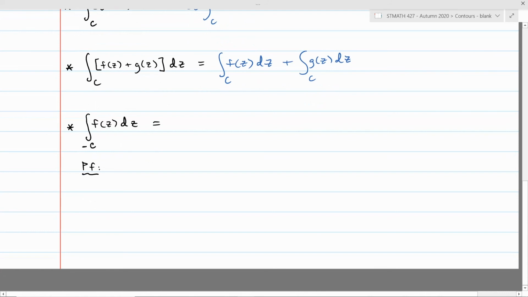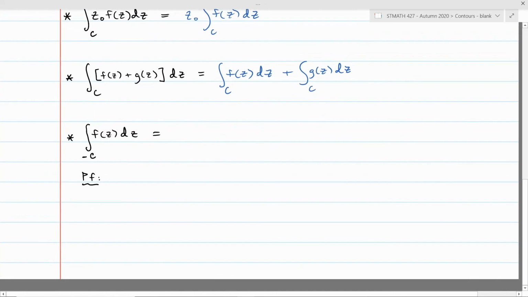It's not something you have to prove in terms of limits or something weird like that. It just comes out of the definitions. And if you integrate along the negative of the contour C, in other words, C done in reverse direction, then that ends up being negative the integral of f along C itself.